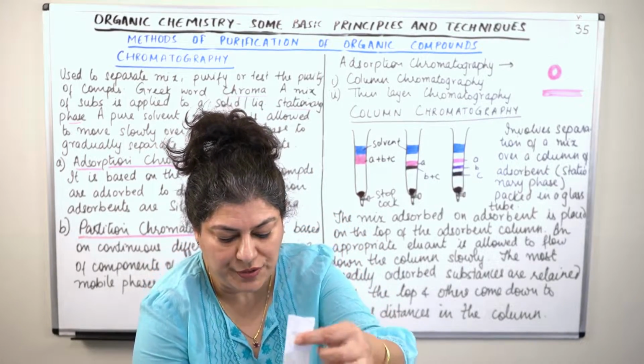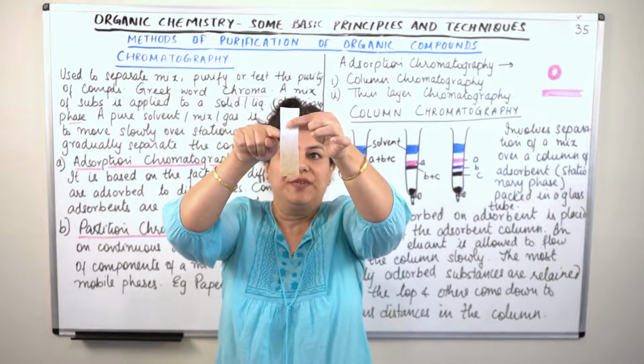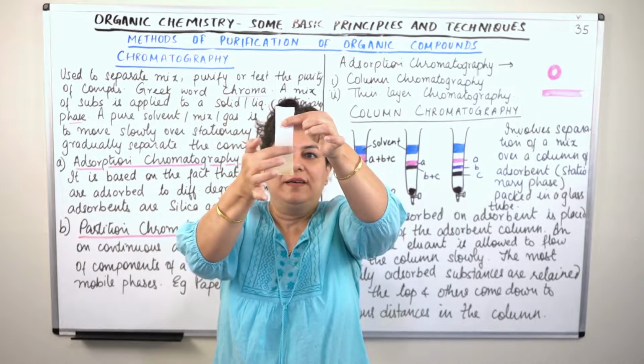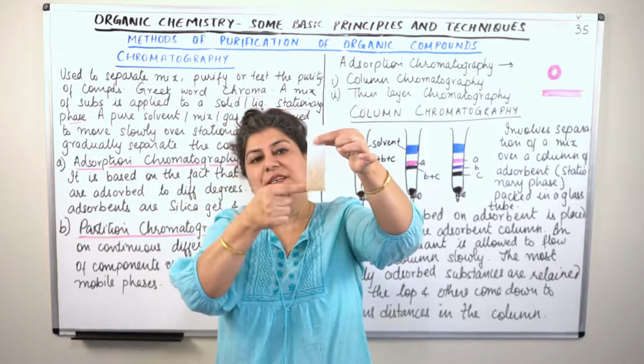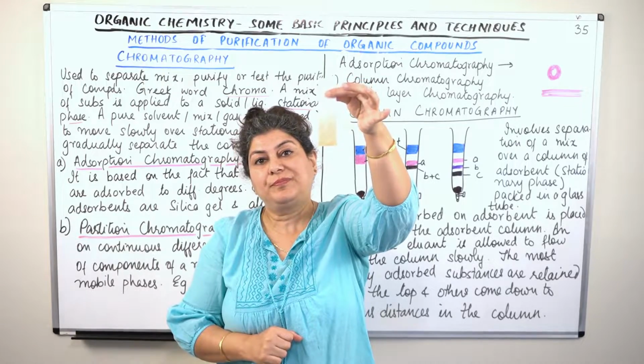Now the water has reached a higher place. If you see the line here, the water is still here, but the clear color that I see is only up to here. So what have I done? I have separated the soy sauce from the water with the help of this paper.